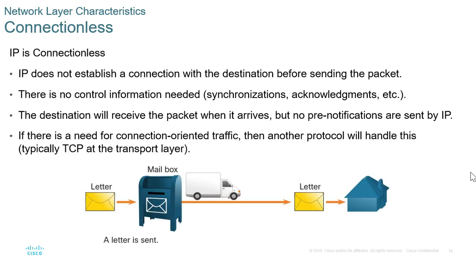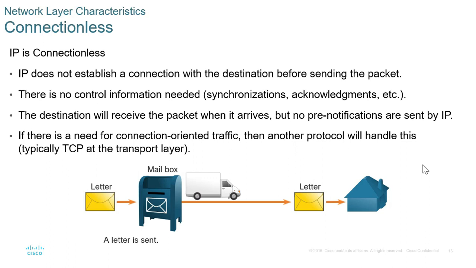What connectionless means adalah before it wants to send data, it does not have to form a connection or establish a connection. There is no control information needed, maksudnya kita tak perlu send synchronization bits ataupun wait for an acknowledgement bila data tu dah sampai. So when the data arrives, it arrives lah. So the destination will not send any notification.